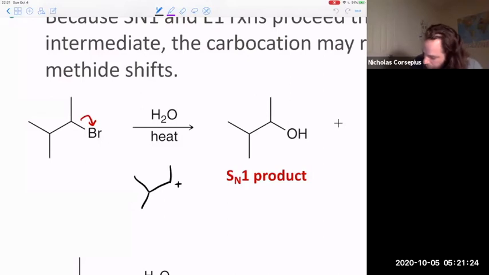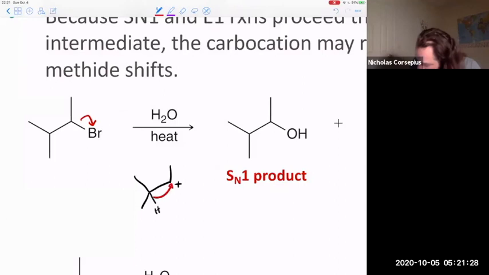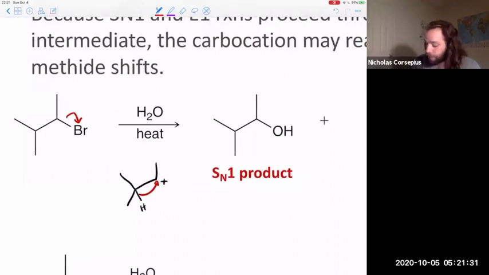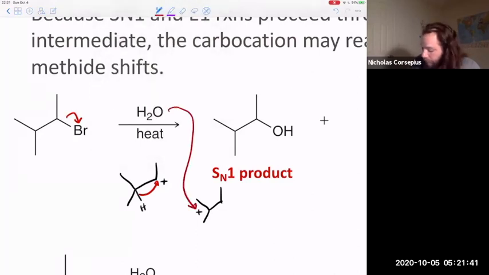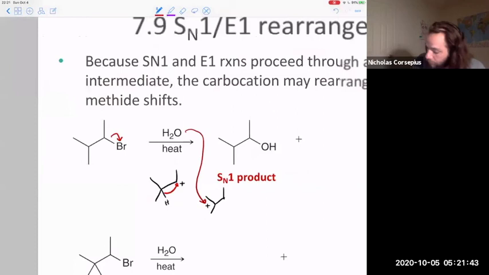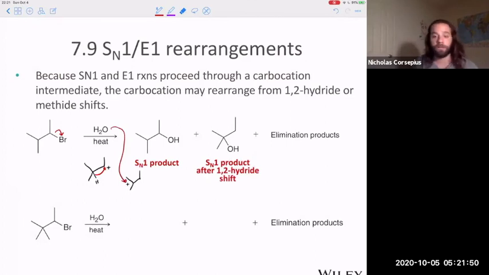Let's actually put it over here. You would expect this hydrogen to undergo a hydride shift, leaving us with that more stable tertiary carbocation. And that's what would then be attacked by the water, right? So another potential product would be the SN1 product after hydride shift.